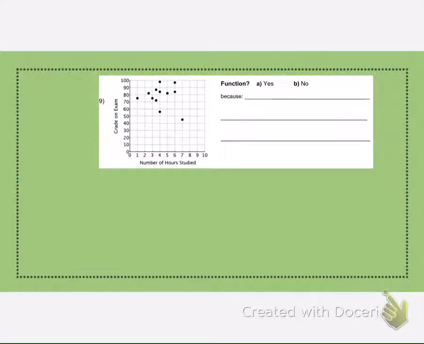Okay, so if we take a look at example 9, here we have a graph of the number of hours studied and grades on exams. So we have to check if it meets the definition. If the number of hours studied was x and the grade was y, does every x have only one y?